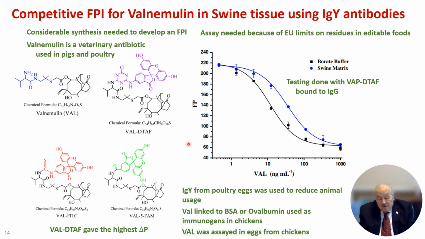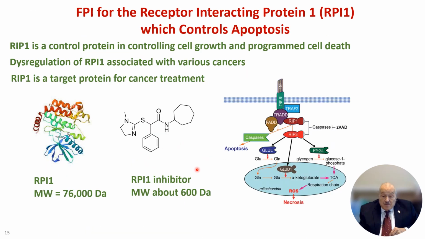Now the next one is going to take a few more slides to explain, and this explains all the steps that are taken in developing a fluorescence polarization immunoassay for something.